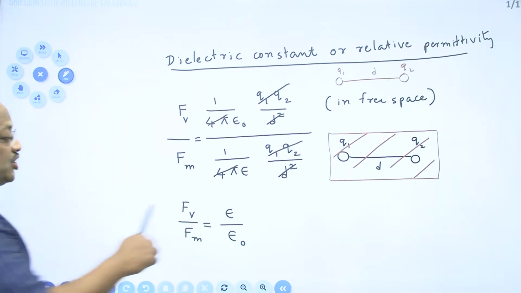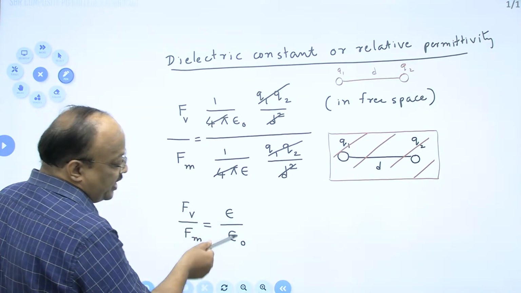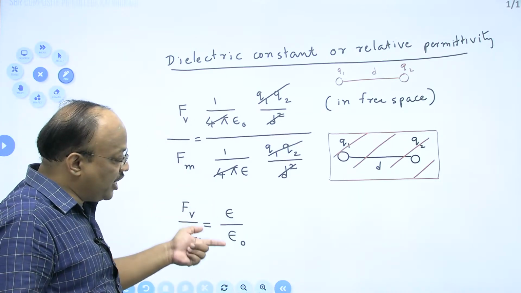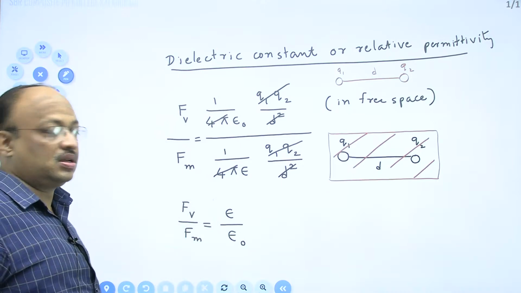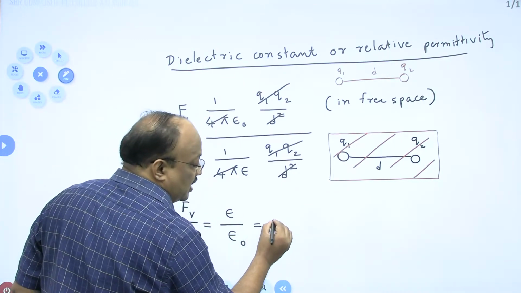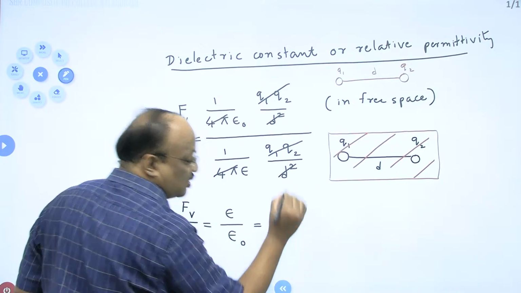So this ratio of epsilon by epsilon naught, we say it as dielectric constant.